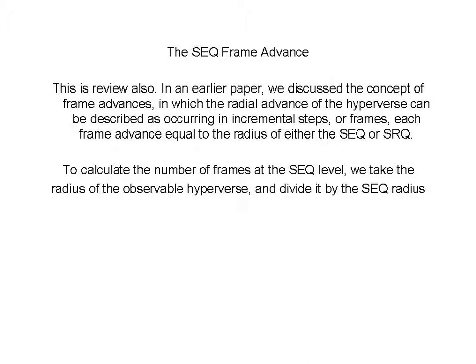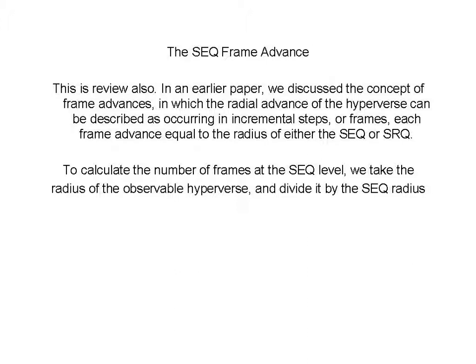The SEQ frame advance. This is a review also. In an earlier paper, we discussed the concept of frame advances, in which the radial advance of the hyperverse can be described as occurring in incremental steps, or frames, each frame advance equal to the radius of either the SEQ or SRQ.